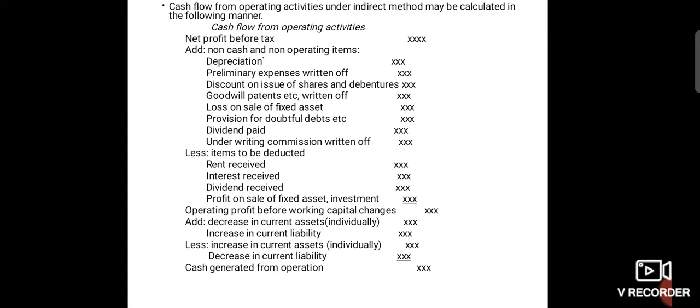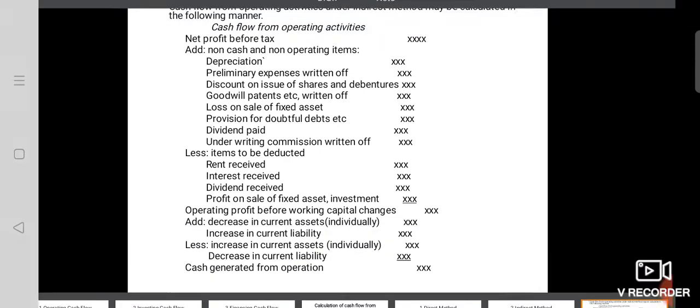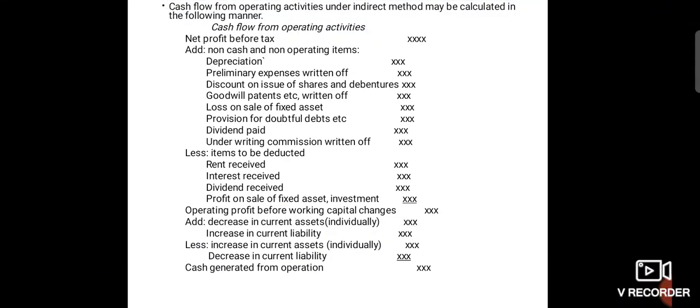Interest received and dividend received come under financing activities. Profit on sale of fixed asset is also an investing activity. So we have to deduct these items, since we have credited all of them in the P&L account. So we'll adjust these two sets against net profit before tax: we'll add all these and deduct all these.